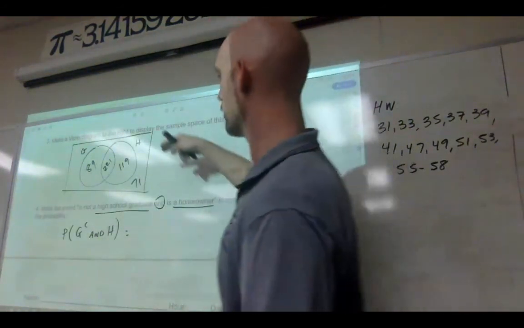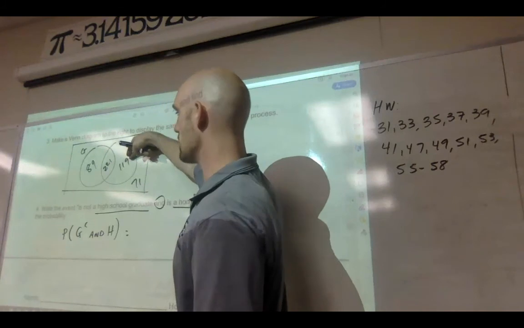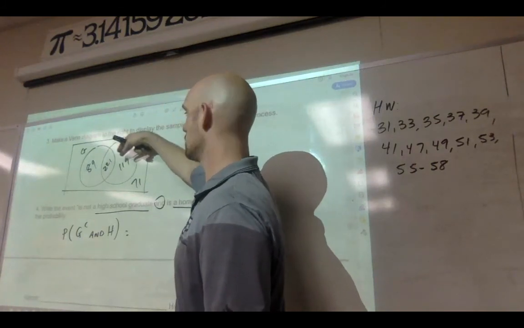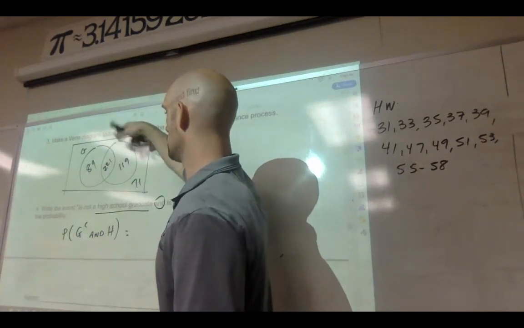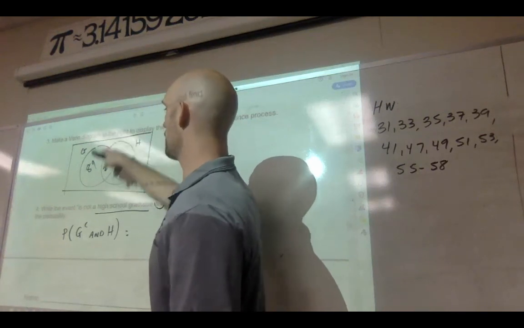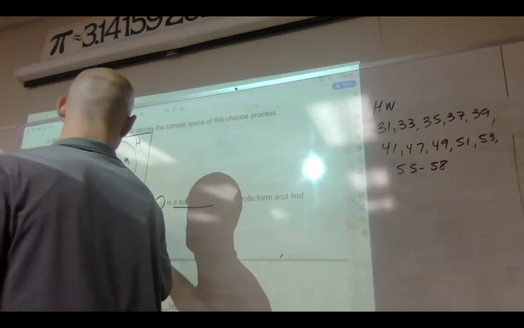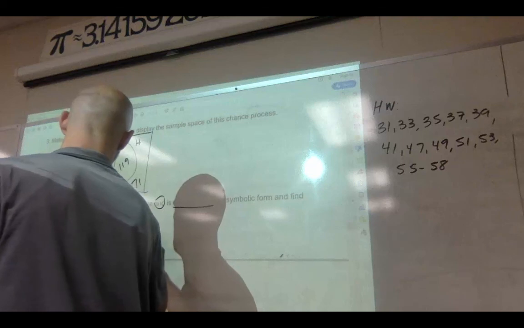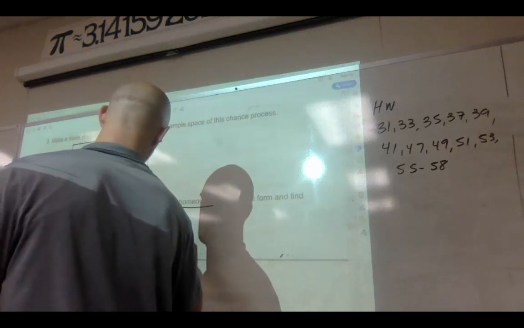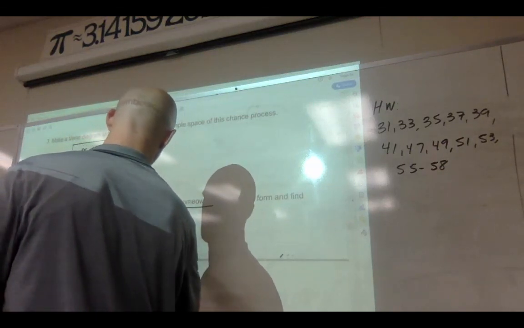They are a homeowner and not a high school graduate, so they're in this circle but don't overlap. So that would be 119 out of 500, which is equal to 0.238.